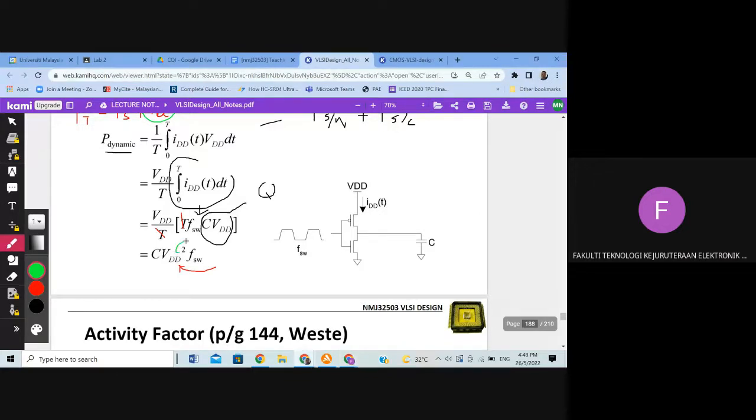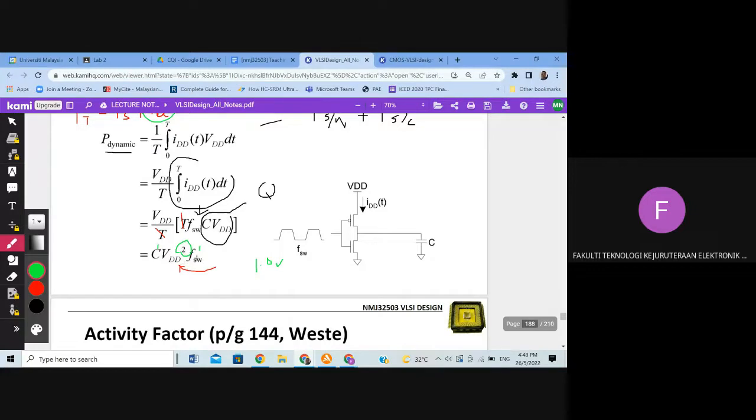You see the factor of 2 here compared to the others, only a factor of 1. It means that if we set VDD to 1 volt, the factor of 2 is canceled off, and only the values of F switching and C remain.